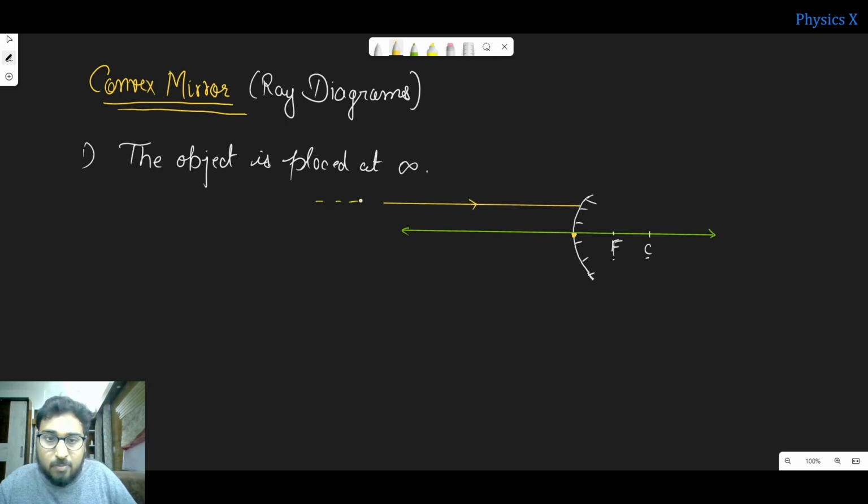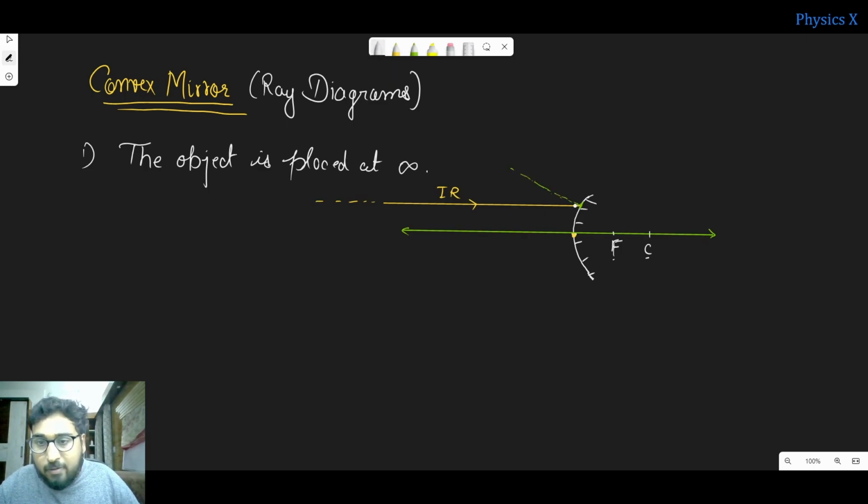These rays are coming from infinity, and this is your incident ray. And as I told you, from here you will be drawing the normal. If you draw the normal here, it will be somewhat like this only, right?